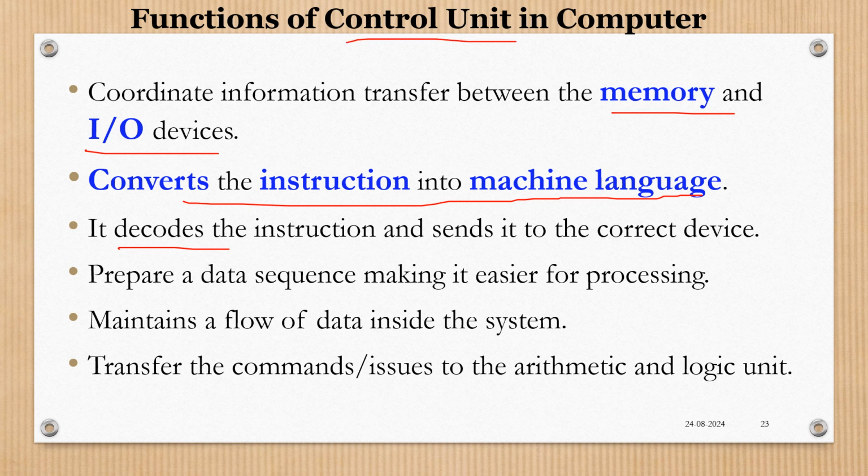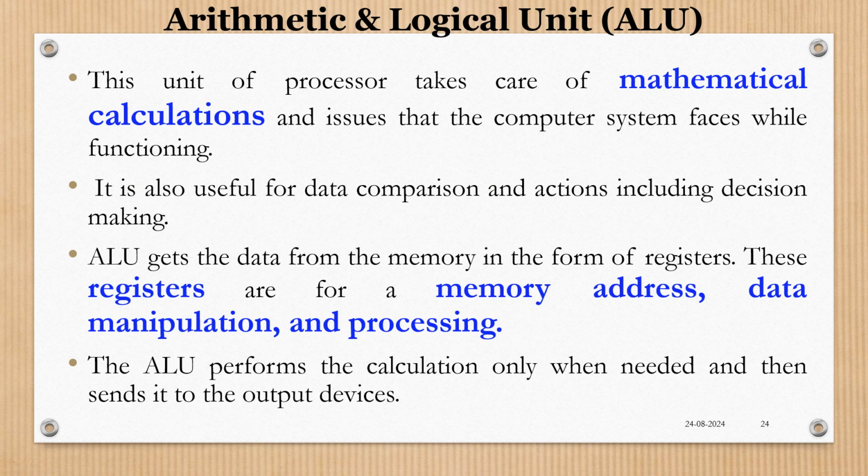And next, the preparation of the data sequence that will be processed by the processor is also controlled by this control unit, and it maintains the flow of the data between the data buses and the address buses and between the devices. So the management or the controlling is done by the control unit.